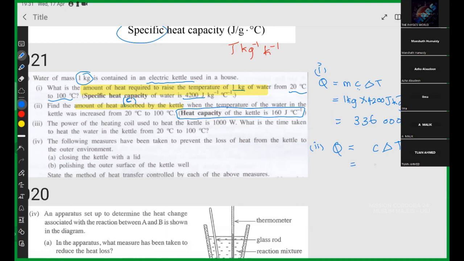What's the value? 160 joule per degree Celsius into the same temperature change, 20 and 100. The difference is 100 minus 20, 80 degrees Celsius. So you get the answer, 12,800 joule.